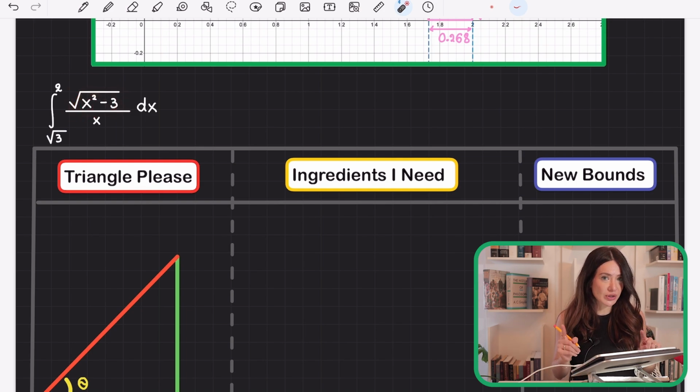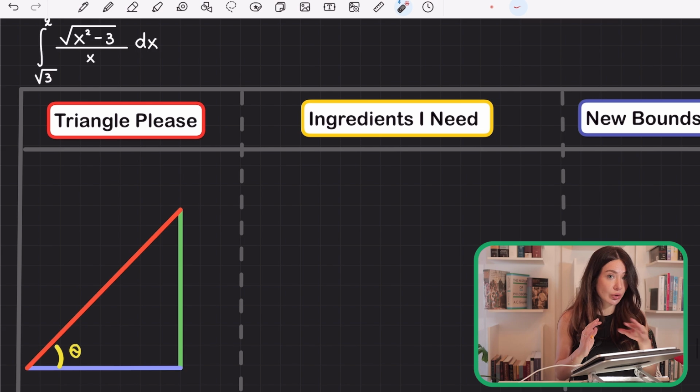But what triangle? Which triangle? There are 3 versions. So you need to assign and label the sides of this triangle correctly. If you incorrectly label the sides of the triangle, the world is going to end.